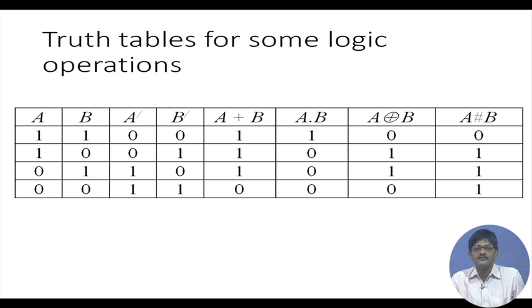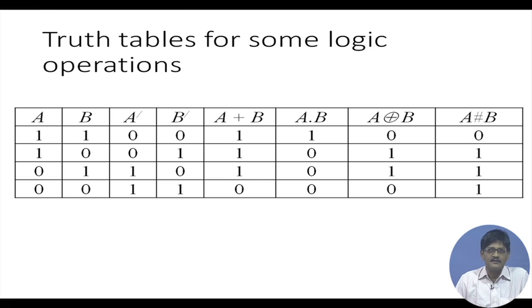For example, what do these logic operations represent? If I write A prime, it means just the opposite of A. Since A can have only two values, if A is 1, A prime or A dash is 0. It is also sometimes referred to as complement of A. In the same way, if B is 1, then B prime or B dash is 0.